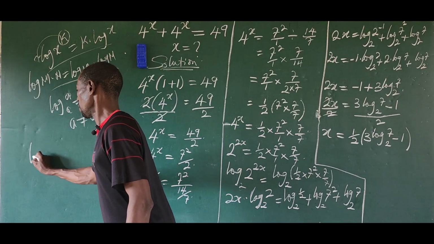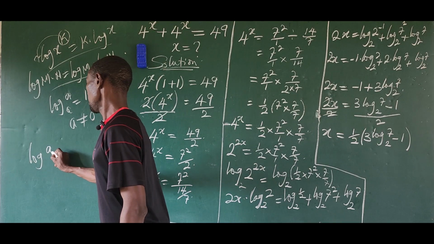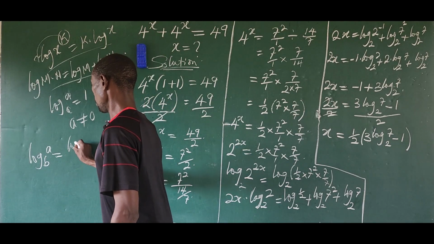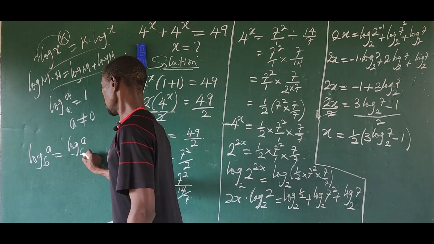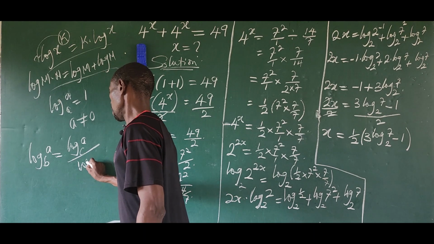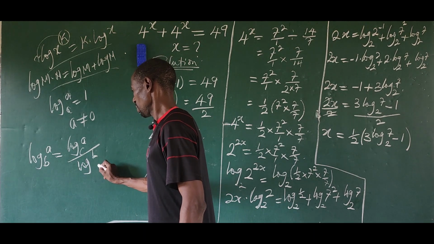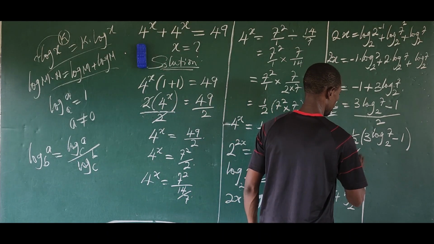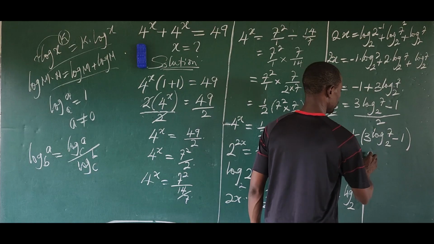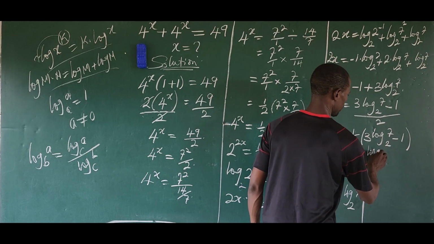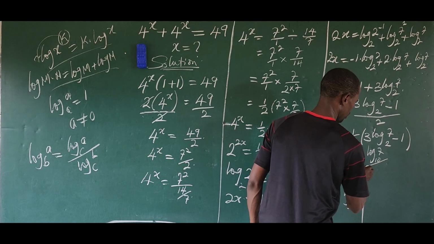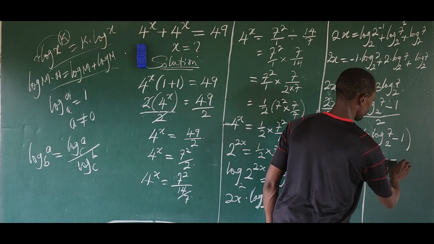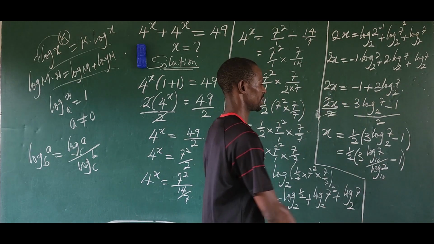We say that if you have log a base b, changing this to base c, this is going to give us log a base c all over log b base c. So if we apply that here, this is going to give us 1 over 2 times 3 times log 7 base 10 over log 2 base 10, then minus 1, close bracket.